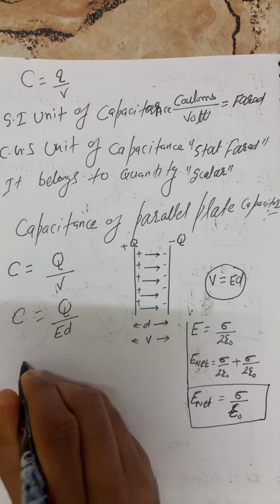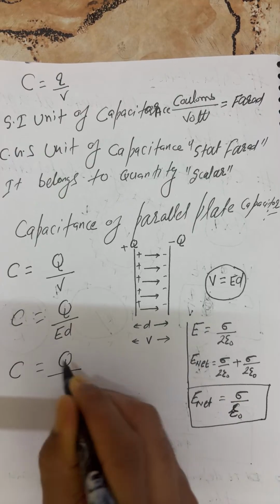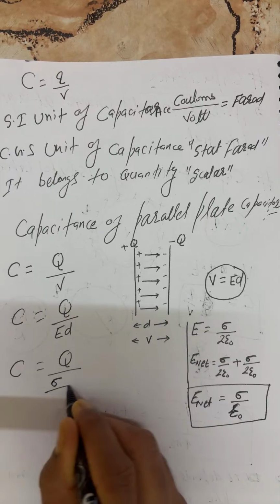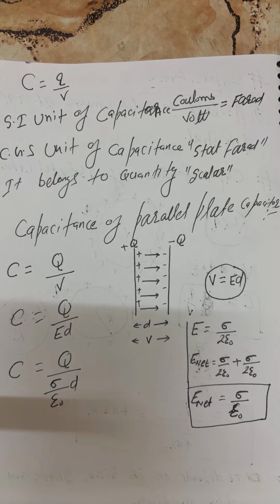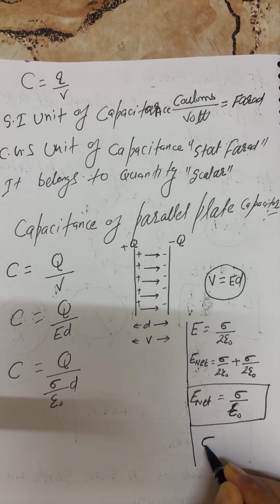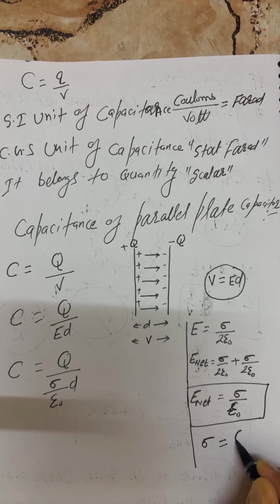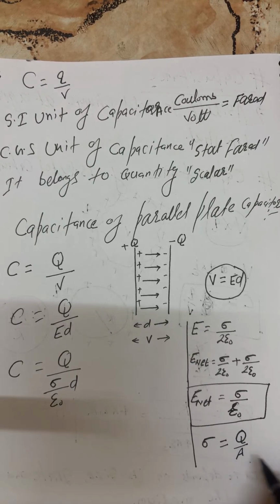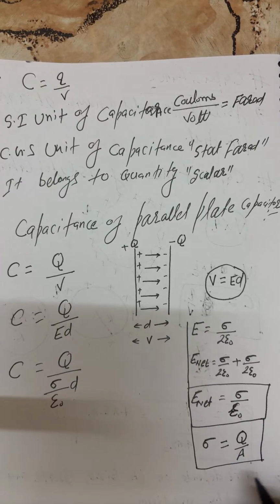So C is equal to what? This is the charge Q, and we already found the field, sigma by epsilon naught, into D. Sigma is what here? I taught all these things. Sigma is charge per unit area.